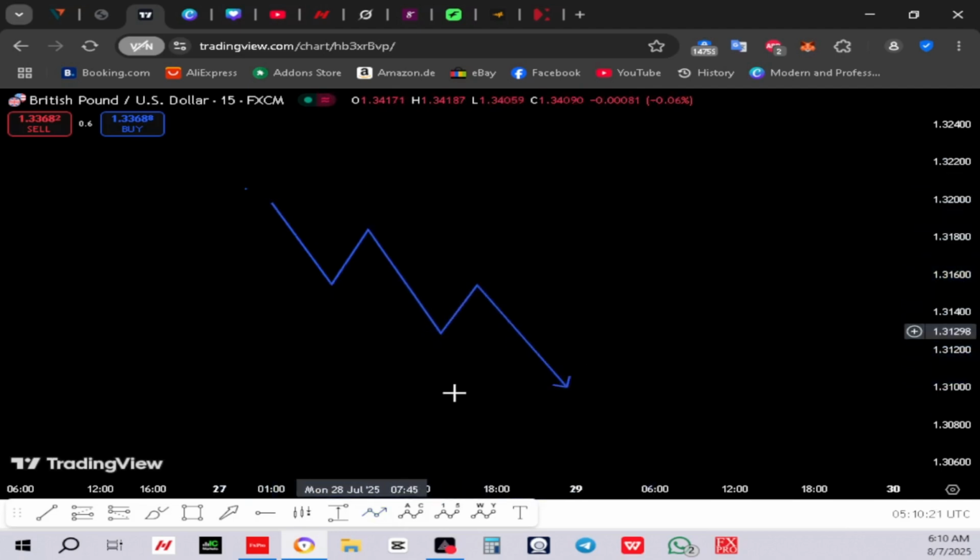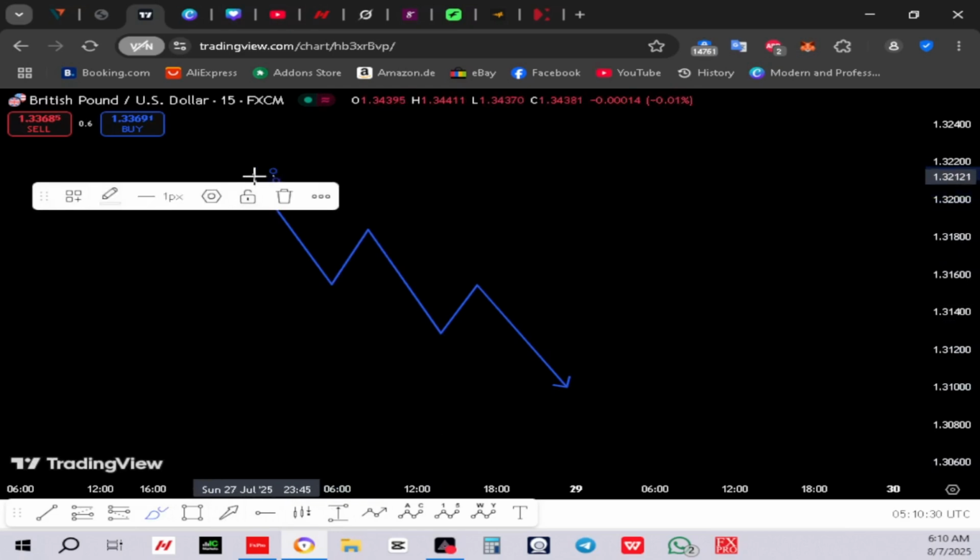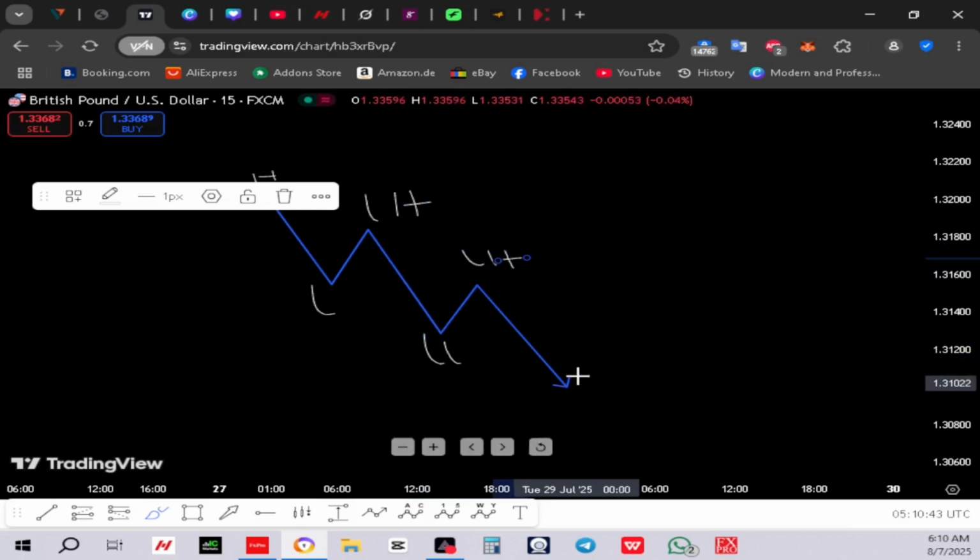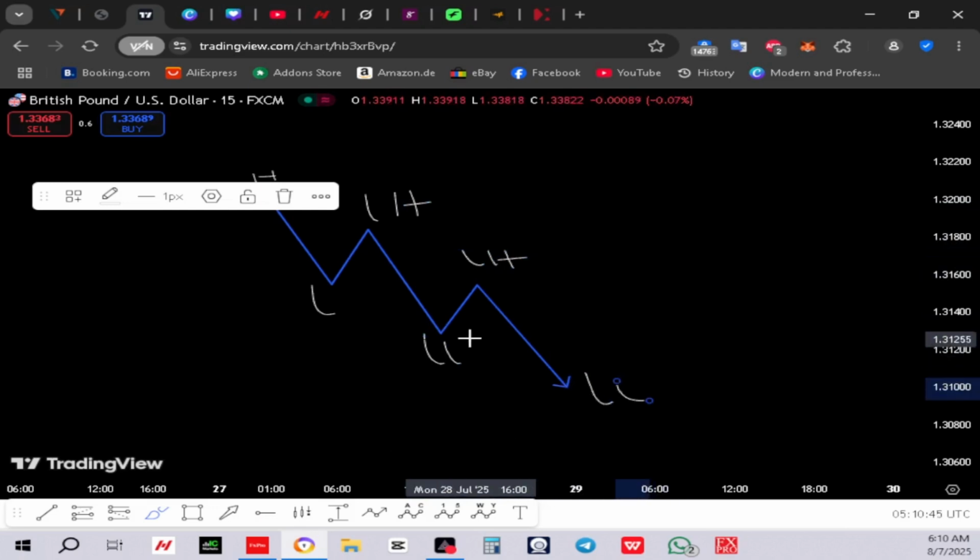If we have this series playing out, you will see that at this level here we created a high, in the situation that the market was first of all bullish. Then we have a low, then we have a lower high, then also a lower low, then again another lower high, followed by a lower low structure.